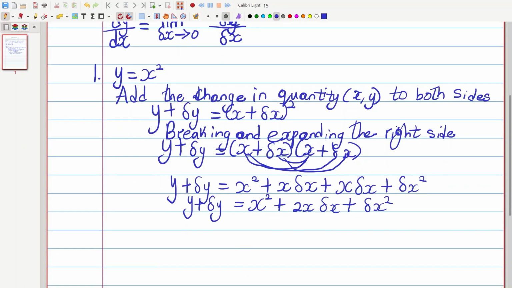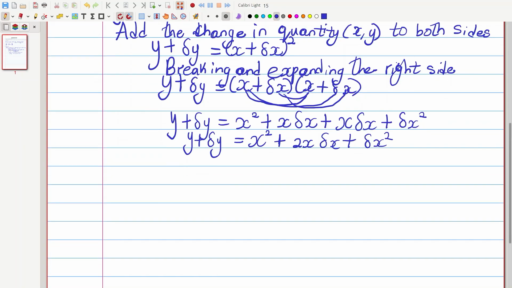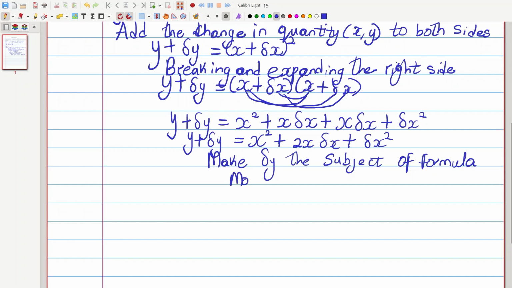The next step would be to make delta y the subject of the formula. In order for us to achieve this, we move y to the right side.